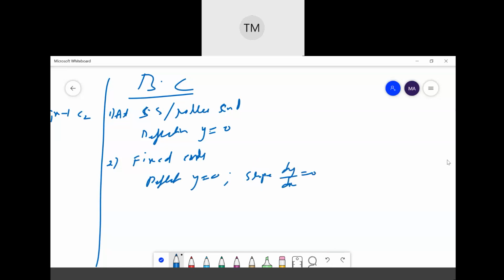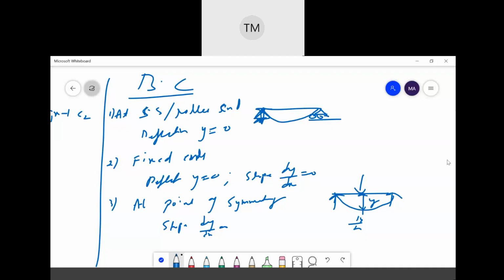Similarly, at a point of symmetry, if the given beam is a symmetric beam, at the center, the slope is 0. If you consider the simply supported beam in this condition, at the midpoint there will be no slope, only deflection. Slope is 0 at this point.